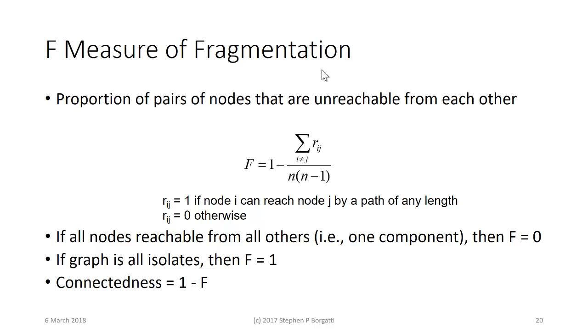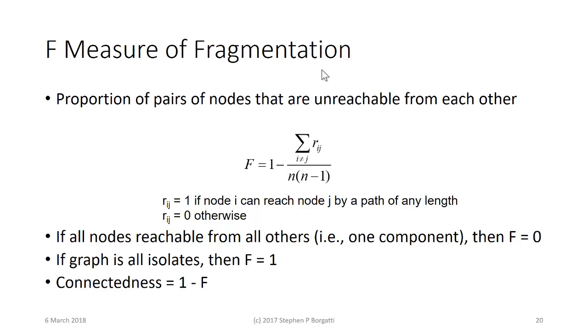And there's another possibility, which is that if you've got a network that's got a lot of separate little parts that are not connected to each other, it's worth measuring fragmentation. So this measure here looks a lot like the measure we just looked at, but the R means that it's a 1 if there is a path from i to j of some length, and it's a 0 if there isn't. So it's just saying how many pairs of nodes can reach each other by some path, no matter how long it is, and it's divided by the number of pairs.